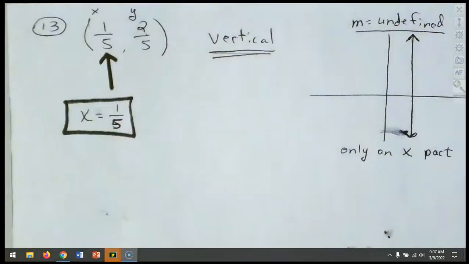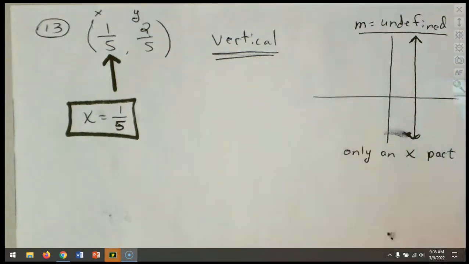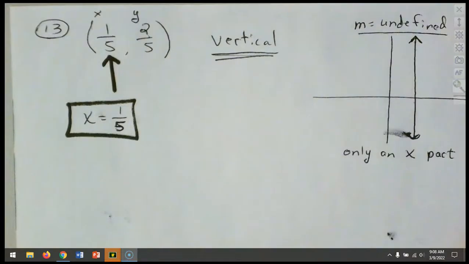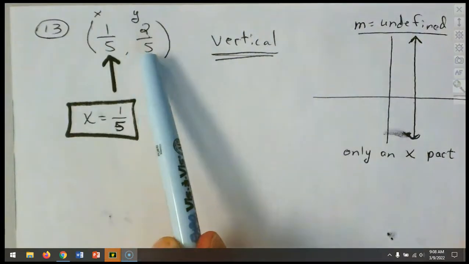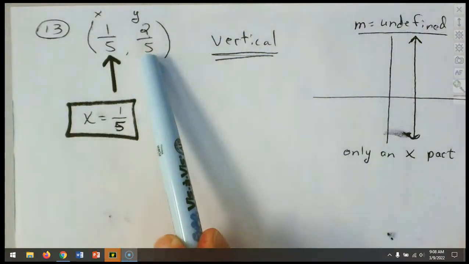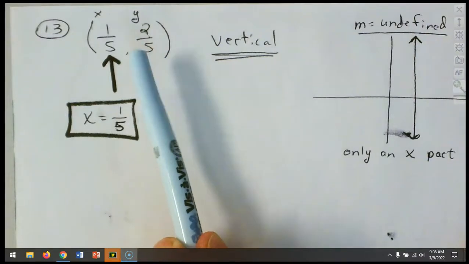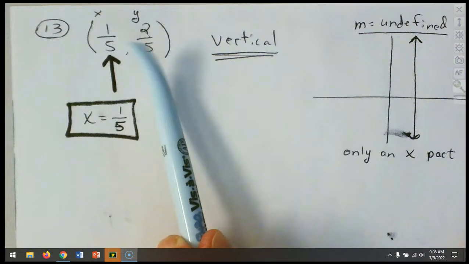Now, if I would have reversed that, and if I would have said, give me a horizontal line. Well, a horizontal line would have a slope of what? 0. And it would look like this. And it would cross the y-axis. And what would the y component of this one be? 2/5. So if I said horizontal line, what would your answer be? Y equals 2/5, right? Okay.